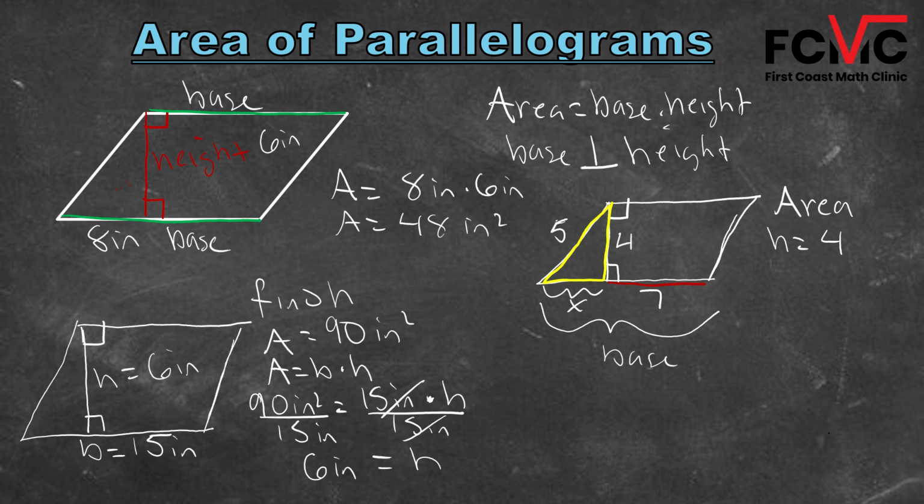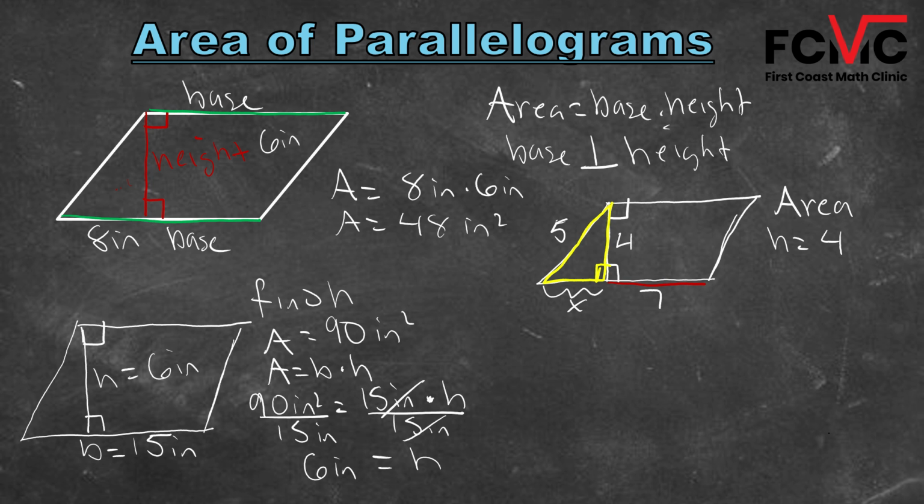So we've got a right triangle here, and our height creates a right angle with the base. So we could use the Pythagorean theorem to figure out x and then add it to 7 to get the total length of that base. So let's do that.